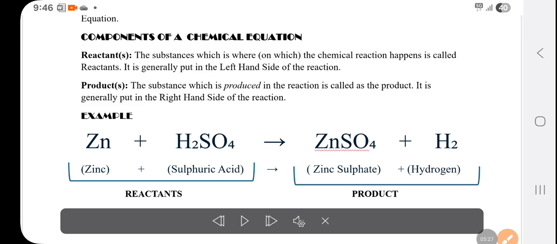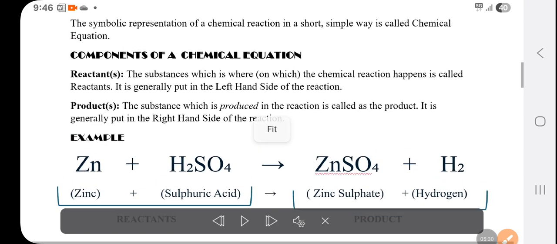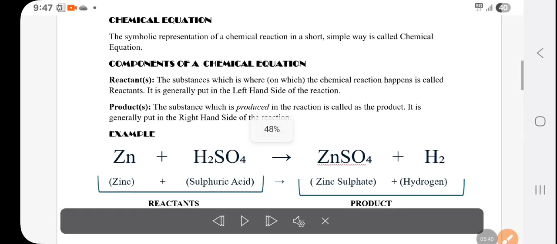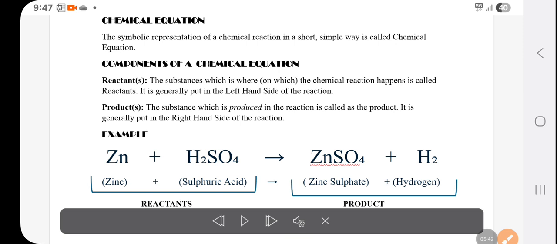But if we write in this format, like Zn plus H2SO4 gives ZnSO4 plus H2, this is the chemical equation, where Zn is zinc, H2SO4 is sulfuric acid, ZnSO4 is zinc sulfate, and H2 is hydrogen gas.